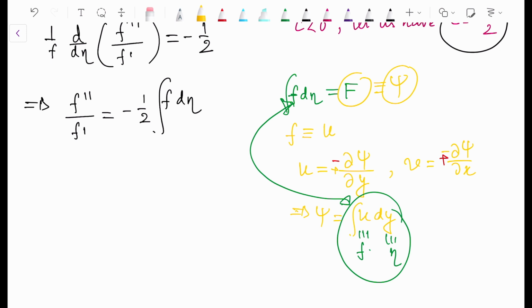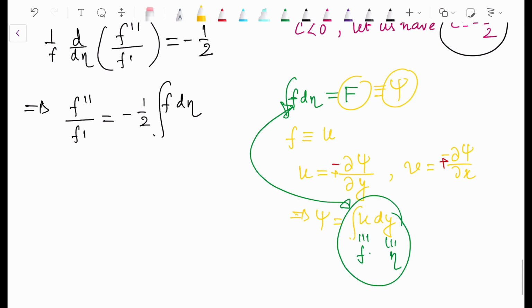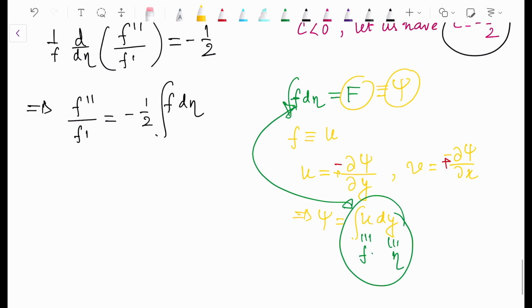Okay, so f is not a similarity variable, but in similarity solution the similarity variable is g, and f is the transformation for psi, just like we have transformed u to f and y to eta. So I am having this as f.